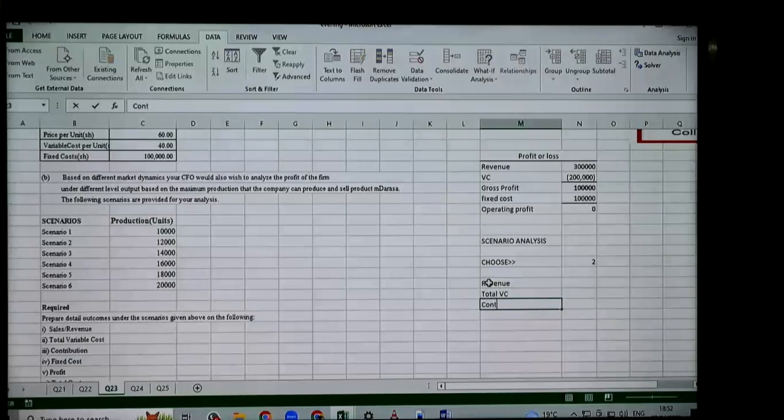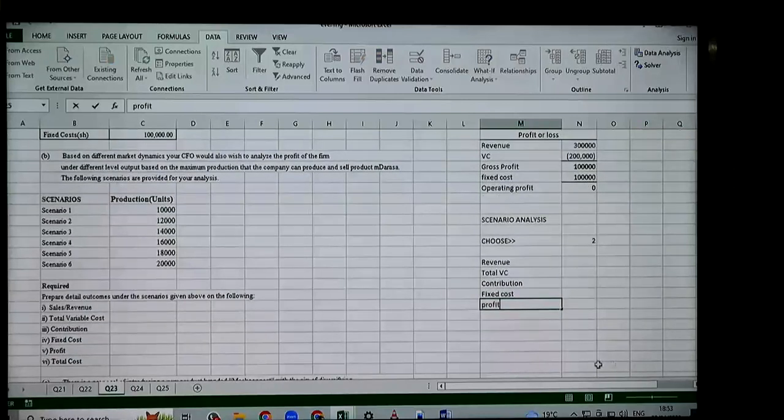The contribution is like the gross profit, then the fixed cost, then the profit. These ones I'm removing from here, what we are required to prepare. Also for the profit, and also for the total cost. For the total cost, I'll skip one line there, because total cost is the fixed cost plus the variable cost.